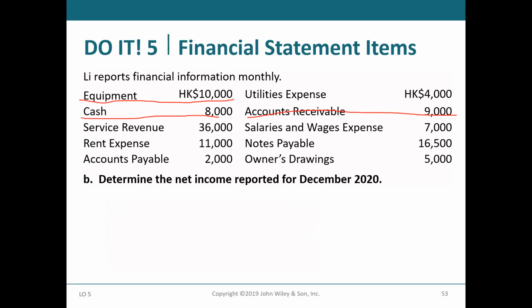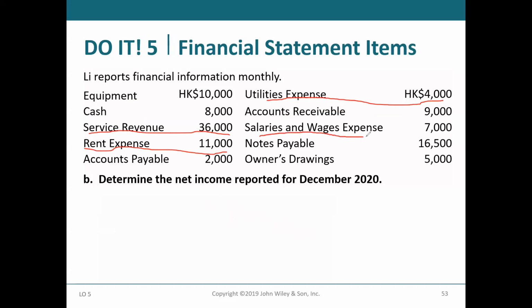And then question B, calculate the net income. When we calculate the net income, we take total revenue, remember that? So we add all the revenues minus all the expenses. That will give us net income. So we have service revenue, 36,000, minus rent expense, utility expense, and salaries and wages expense.